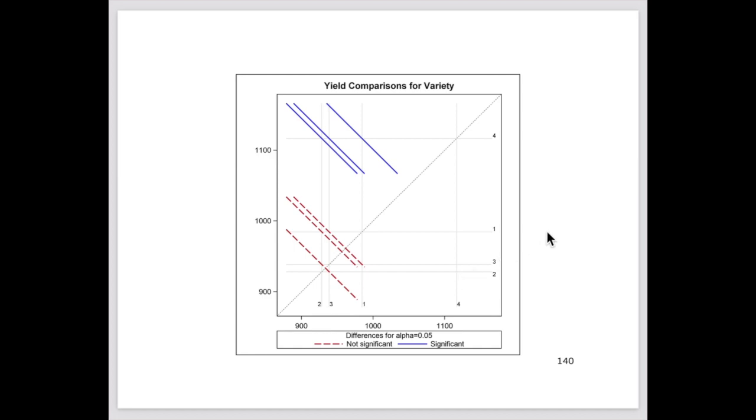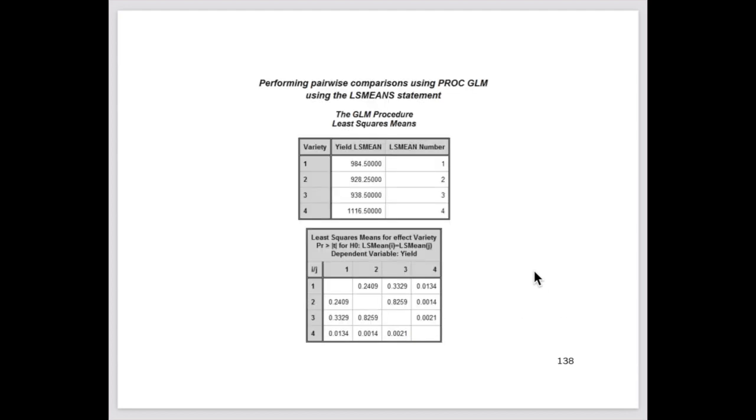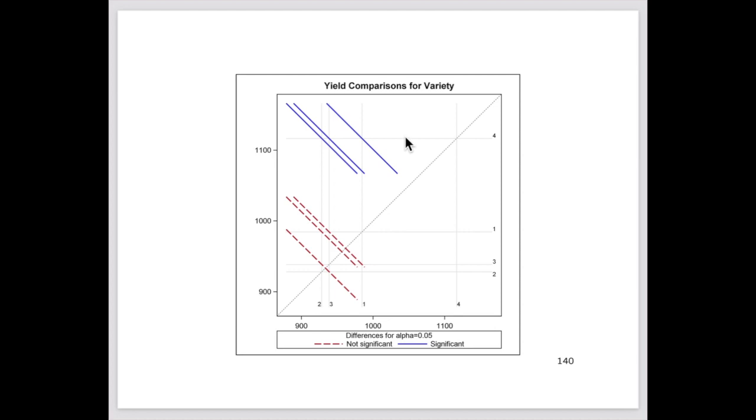This is called the mean diff plot. It's a really interesting and very useful plot. The way you read this is that we have 4 vertical lines and 4 horizontal lines. Each vertical line is positioned at a point that corresponds to the estimated mean for that particular population.